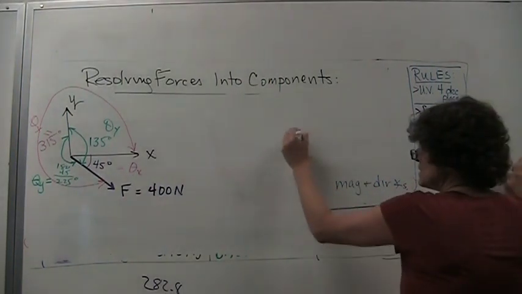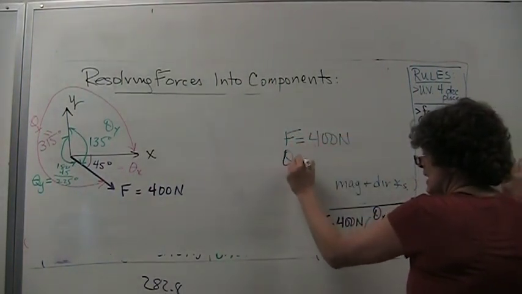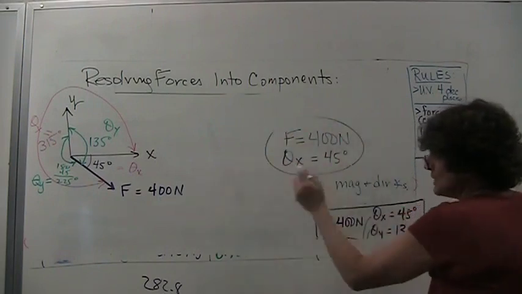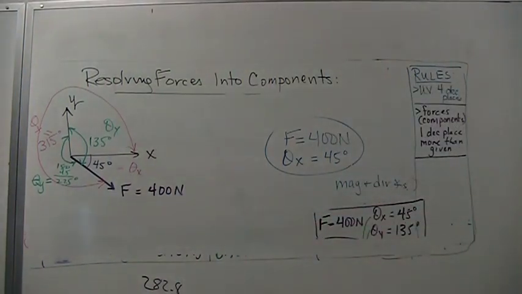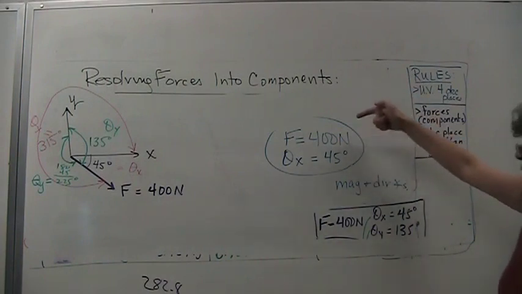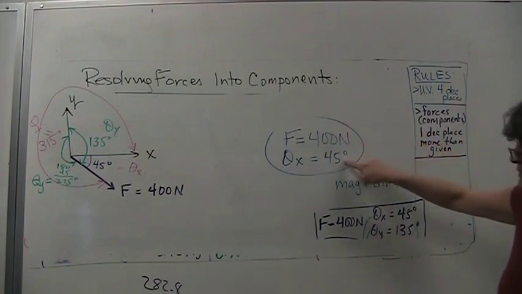Or could we just say the force is equal to 400 newtons and theta x is equal to 45 degrees? Now that I gave you this description that theta x and theta y could have two values, is this good enough? Can I have represented the vector only with its magnitude and theta x being 45 degrees?